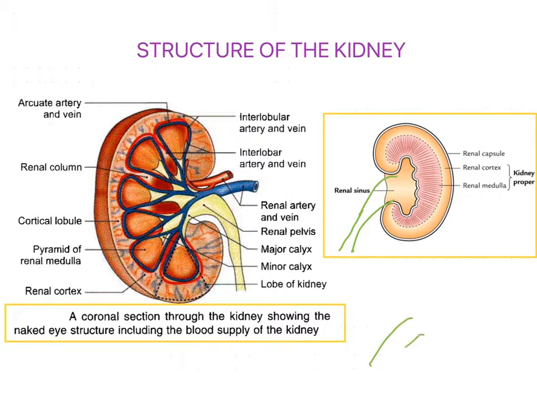The renal pelvis is divided into 2 to 3 major calyces, and each major calyx is divided into 2 to 4 minor calyces.